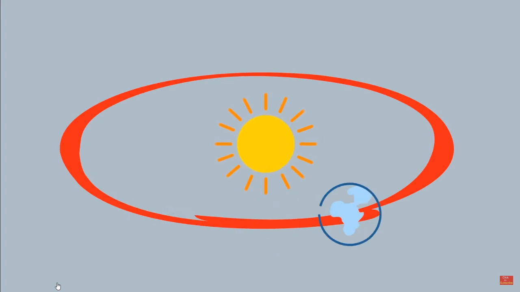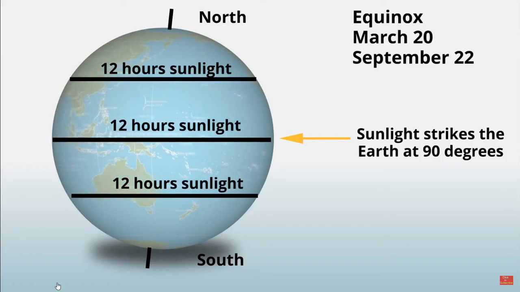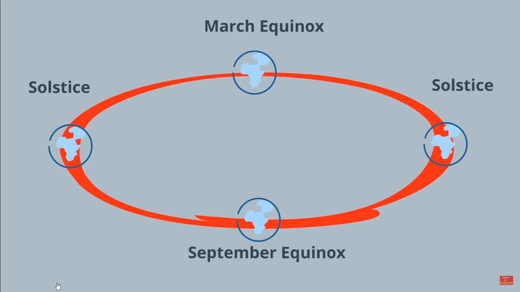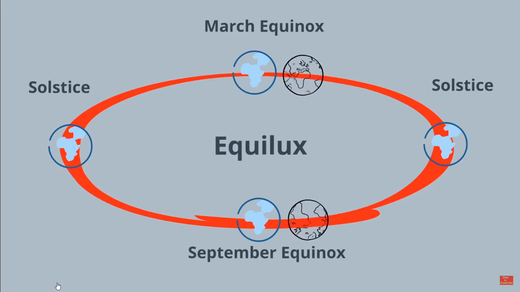During each equinox, both hemispheres receive almost equal amounts of sunlight, 12 hours of daylight and 12 hours of nighttime. The actual day in which both hemispheres receive 12 hours of sunlight and darkness is called the equinox, and usually occurs a couple days before the March equinox and a few days after the September equinox.